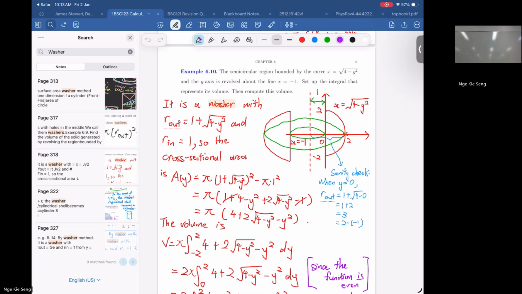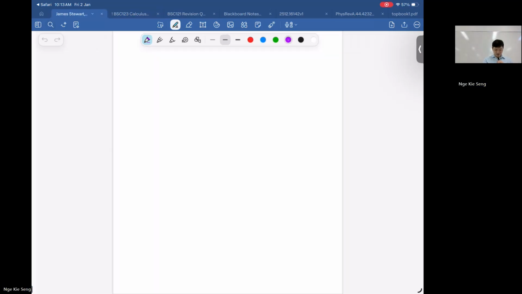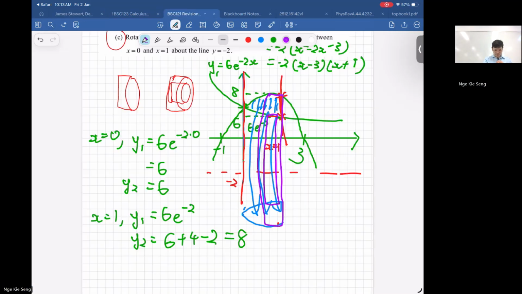So what's our radius here? Where's the R out? From this picture here, we can see that the R out is y2, and then R in is y1.